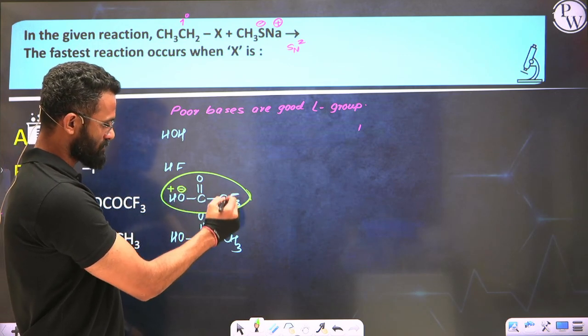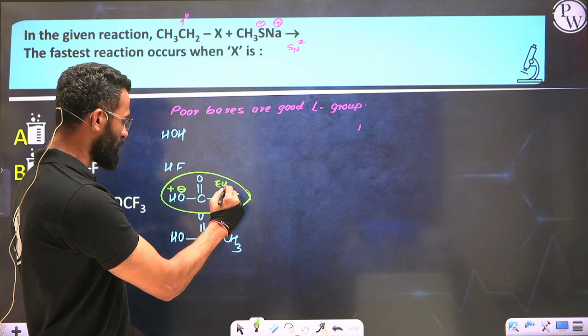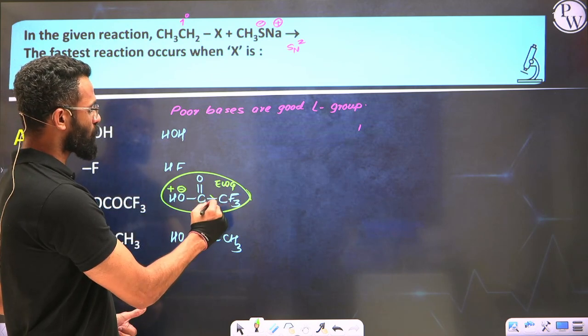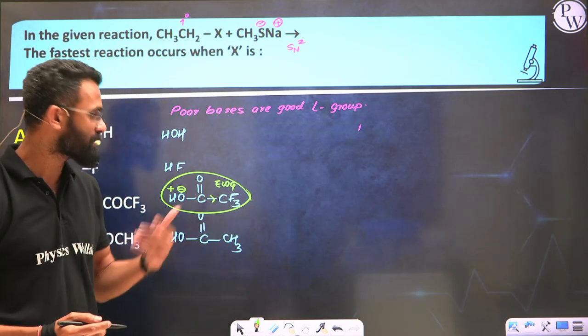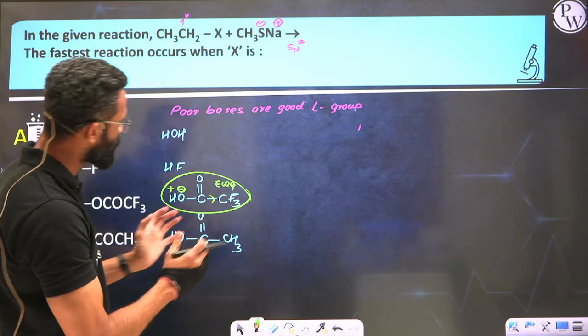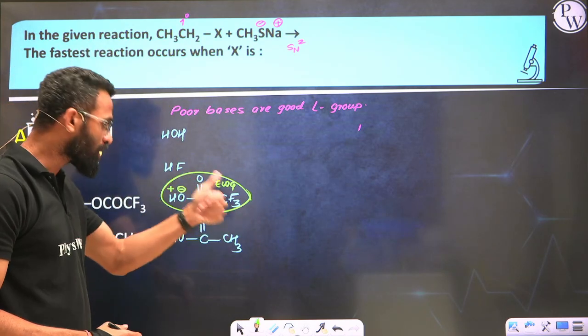Also, 3 fluorines will show strong electron withdrawing ability because it is a strong EWG. It will withdraw the negative charge, so the dispersal of charge will be more. More the dispersal of charge, more stable is the anion. More stable the anion, stronger the corresponding acid.